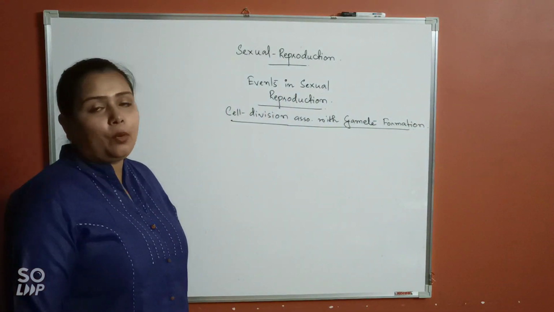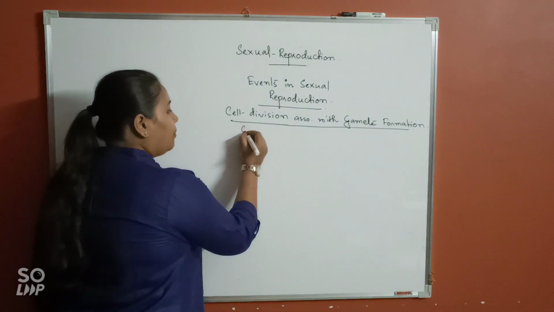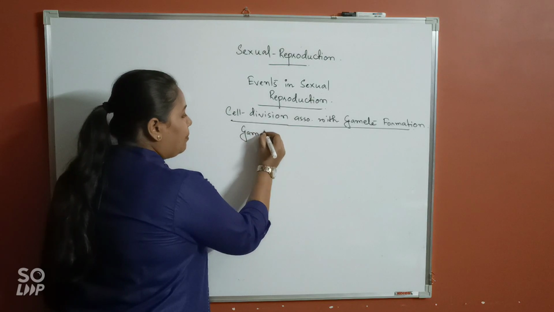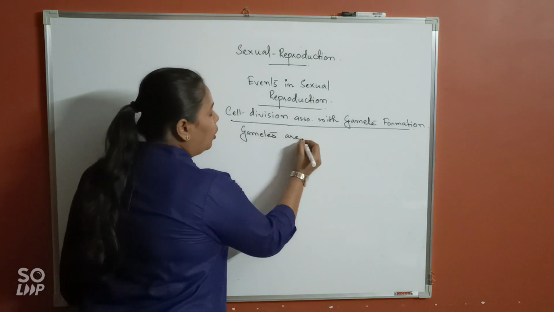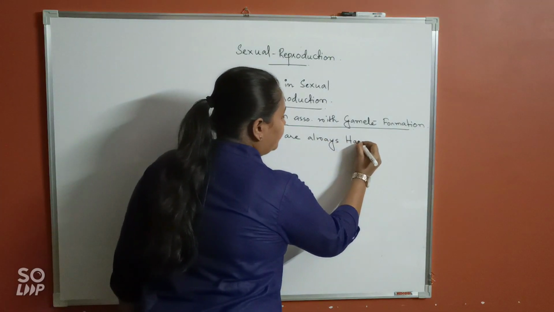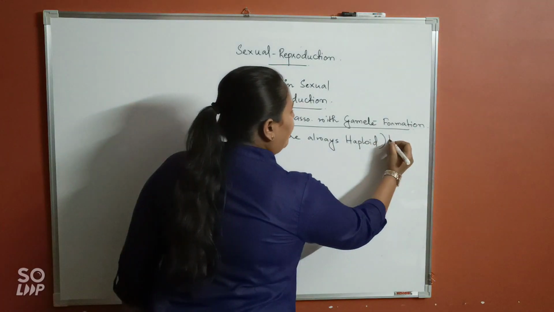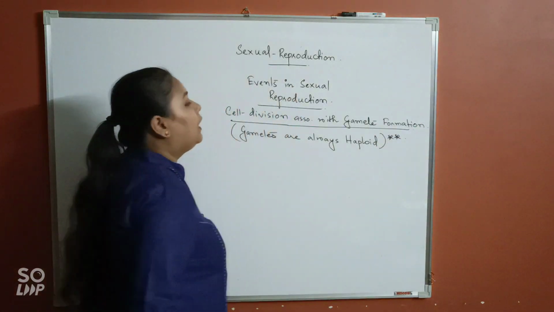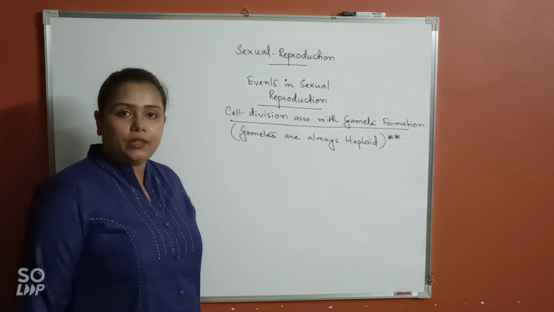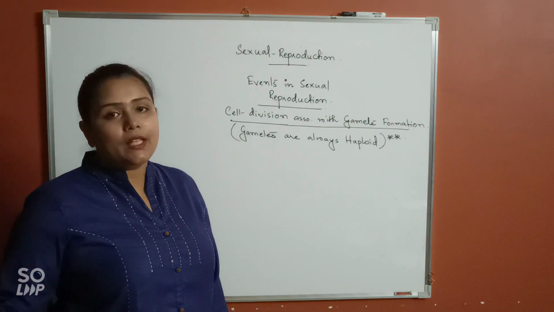Here, there is a very important point for you to learn. See, gametes, do remember, gametes are always haploid. That is a very, very important point. Gametes are always haploid. But the organisms producing the gametes can be haploid as well as diploid.